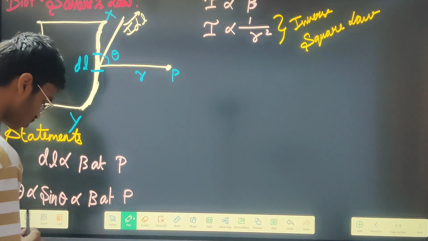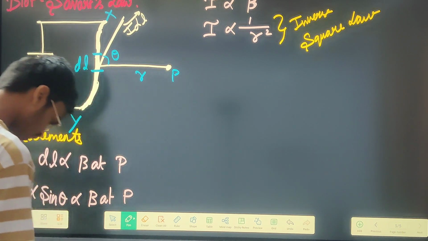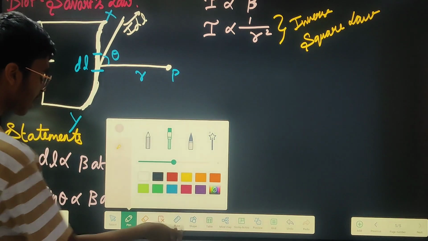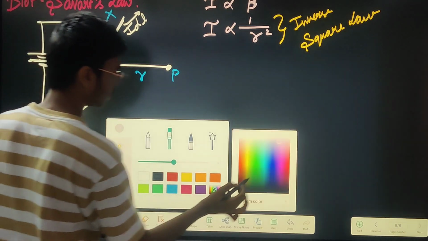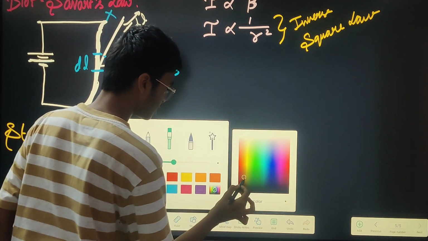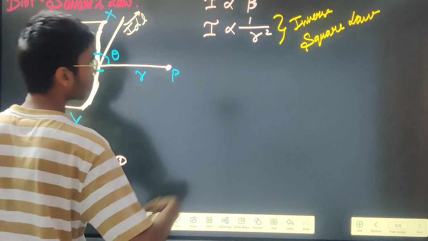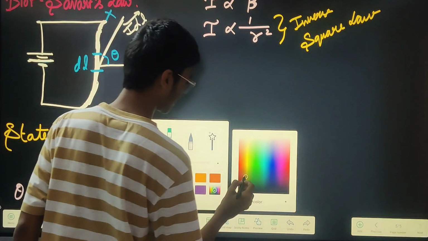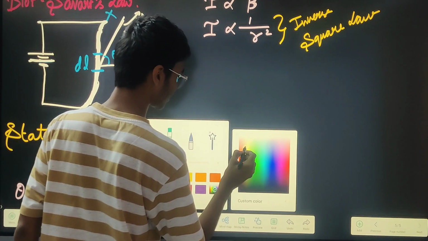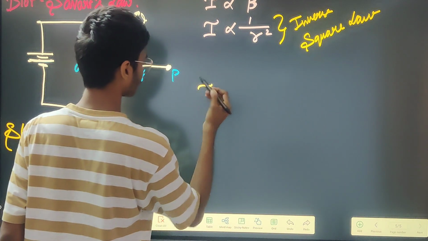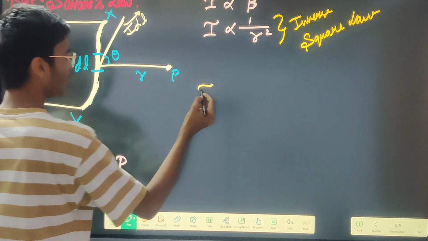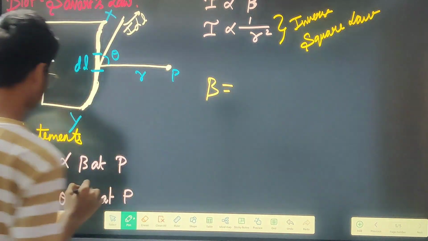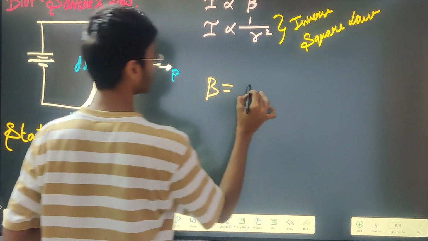So now what we are going to do is combine all these. I can say that the magnetic field is equal to, first, the current I, then DL, then sin theta, with the whole thing divided by r square.